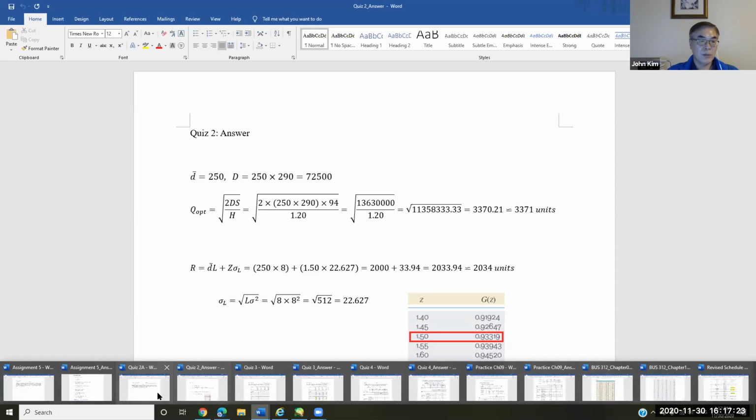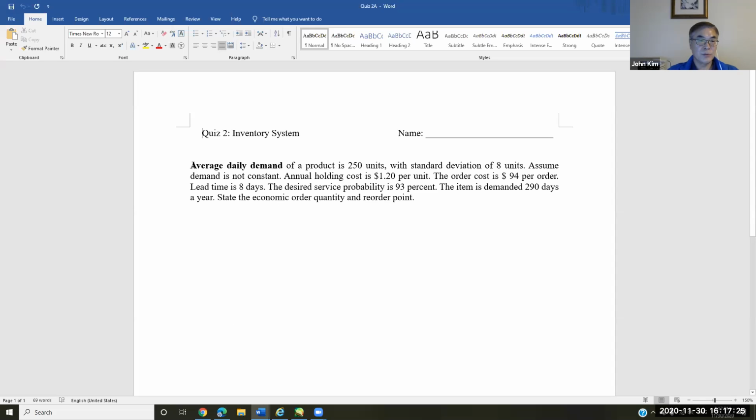The question gives you average daily demand, but some of you used this daily demand as an annual demand. So be careful. What is this given number? Maybe annual demand, maybe daily demand.